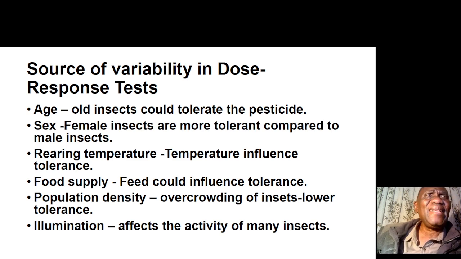Food supply, the feed, can also influence tolerance. Population density, overcrowding of insects, can induce lower tolerance, and we may end up overestimating the LD50.